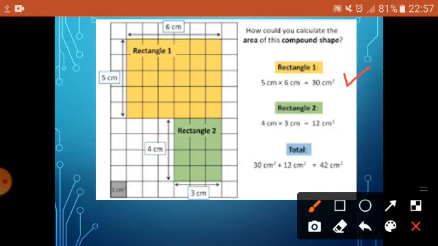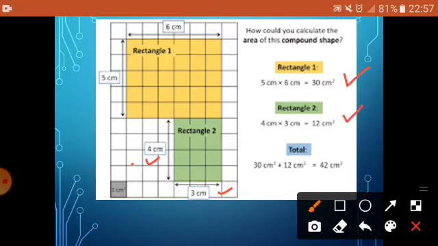Area of rectangle 2: as you can see, my length is 4 centimeter and my breadth is 3 centimeter, and the formula to calculate the area of a rectangle is length times breadth. So 4 times 3 is 12 square centimeter.